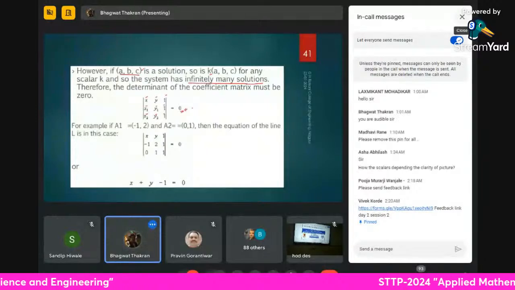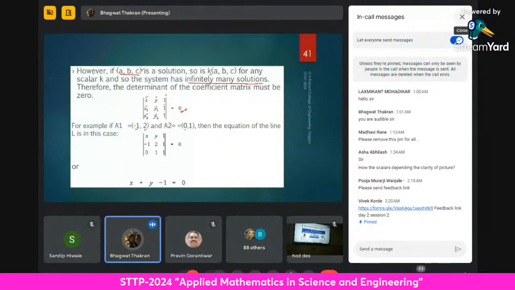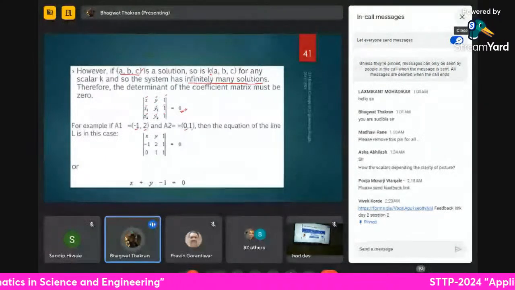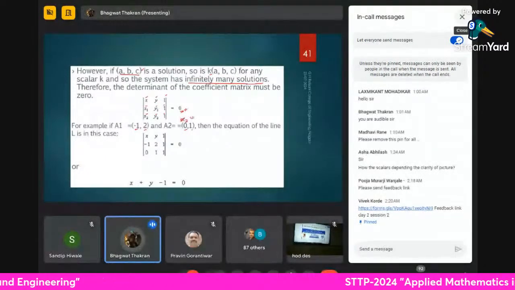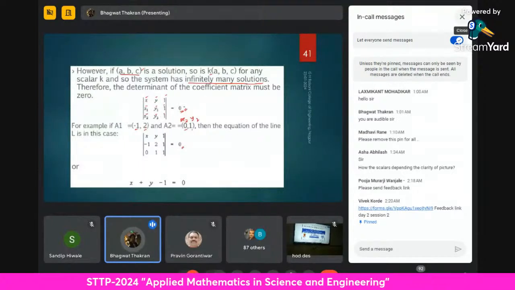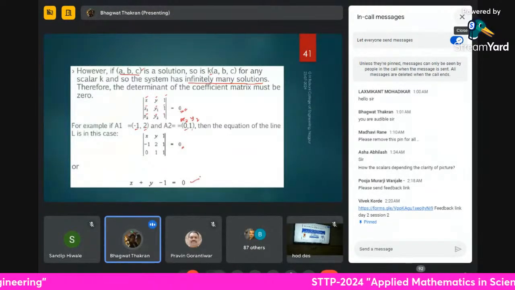right? Now, if we fix two points on the plane, then the equation of the line passing through these 2 points will be, just replace the values of x1 y1 and x2 y2. Its determinant is always 0 because they have the same variables a, b, c. Okay, and when we solve this determinant, what we have is x plus y minus 1, the equation of a straight line.